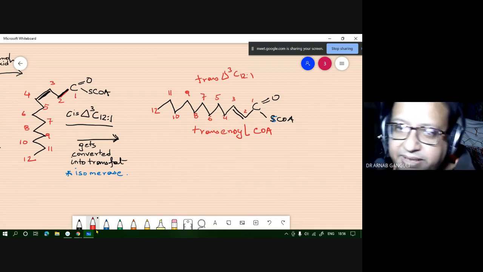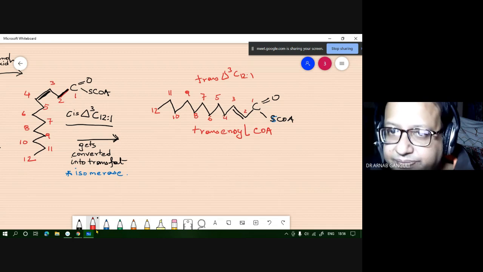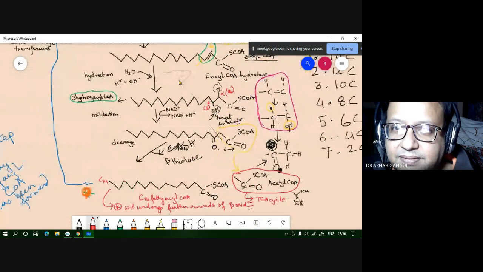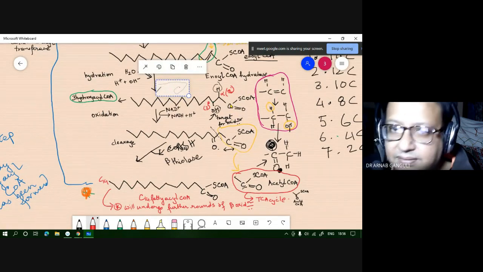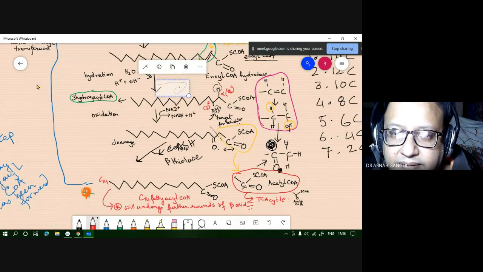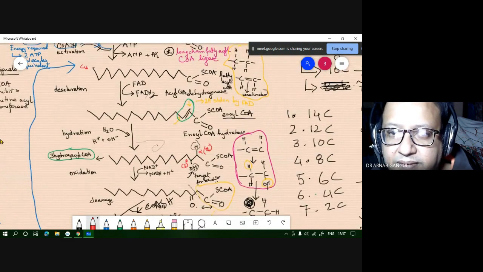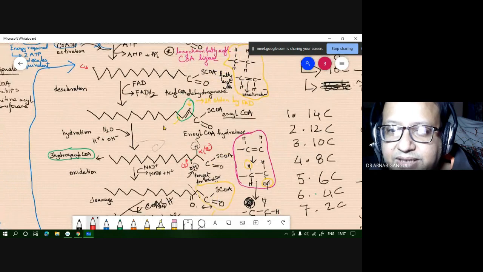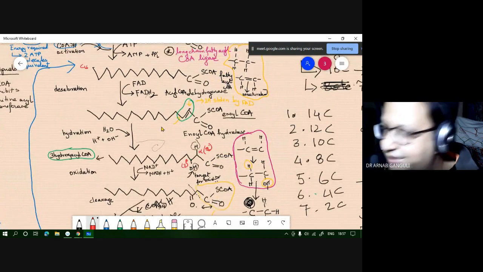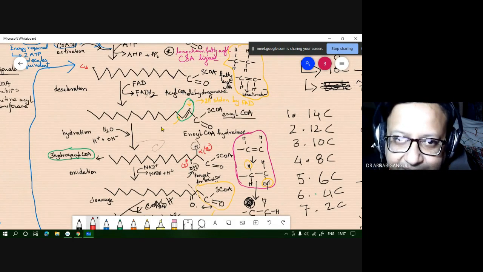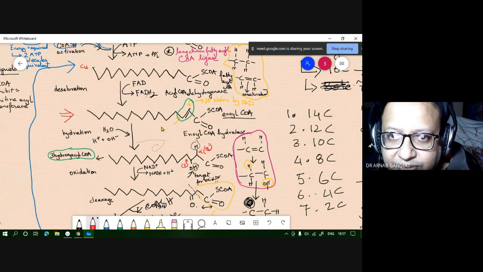Now if you look at beta oxidation of saturated fatty acids, you see this structure enoyl CoA, trans enoyl you are writing, but you are seeing a similar structure here, aren't you?